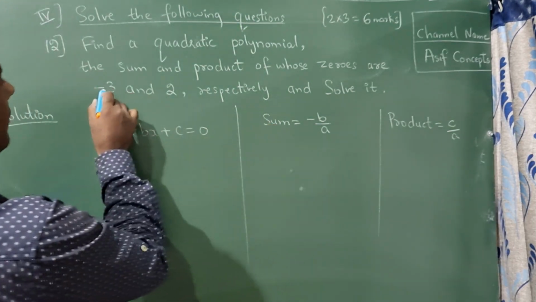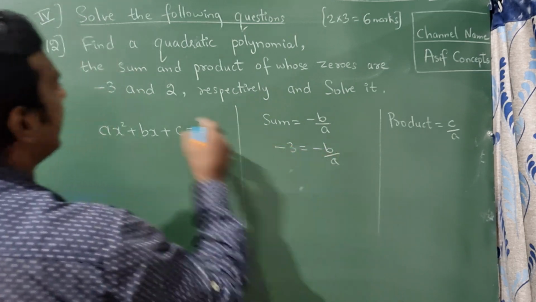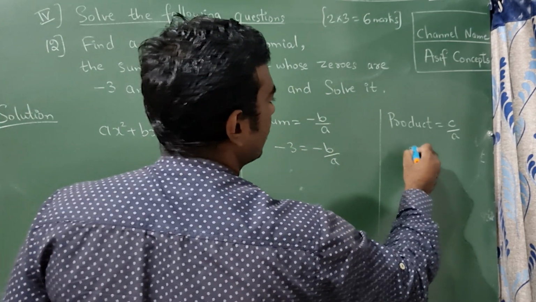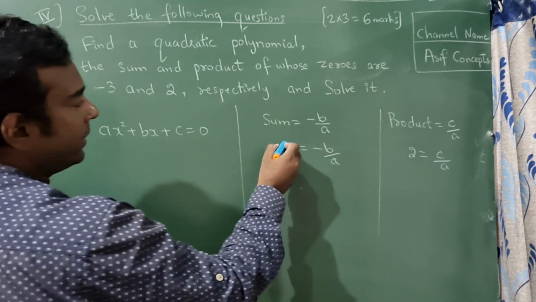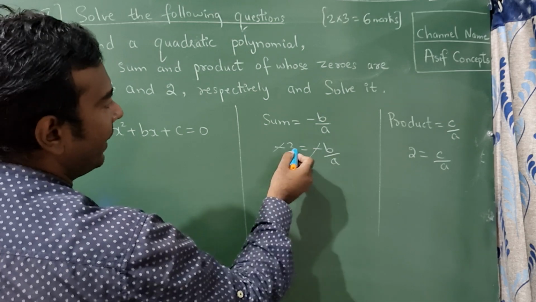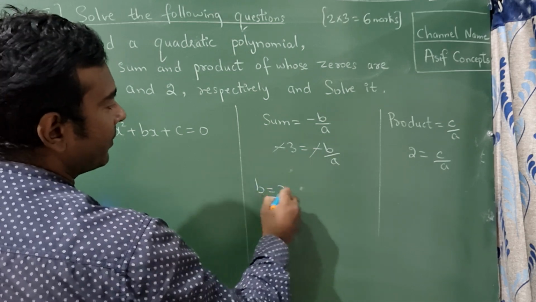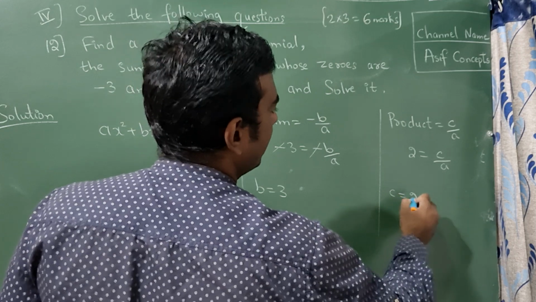What is the sum given here? It is -3 equal to minus b by a, and product is 2 equal to c by a. You can see minus and minus get cancelled. Now b value will become 3. Here c value will become 2.